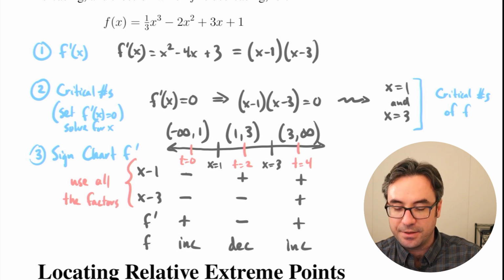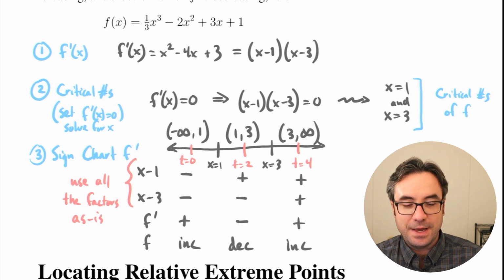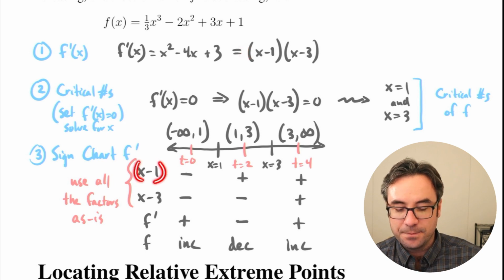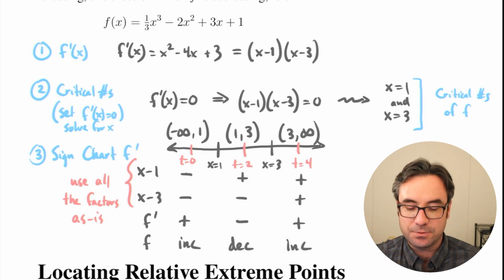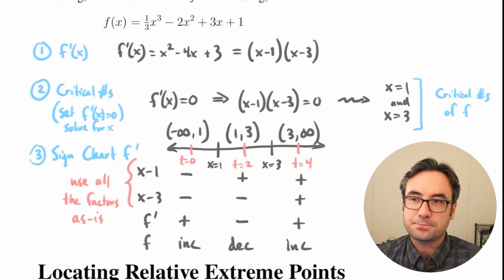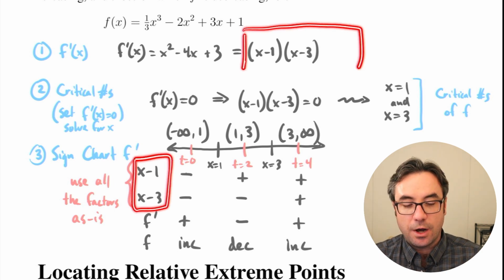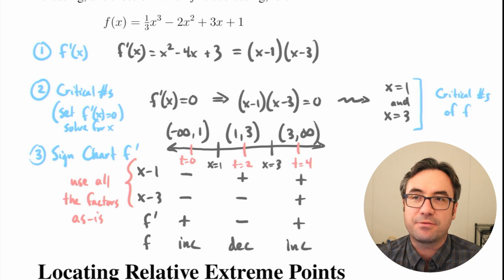So you don't want to change anything because it can be sensitive to sign changes. So if we had, for instance, a number 2 in front here, we would want to include maybe 2 times x minus 1, or maybe we would make 2 a separate row. So the factors that we list here should include all of the factors that we have in f prime.